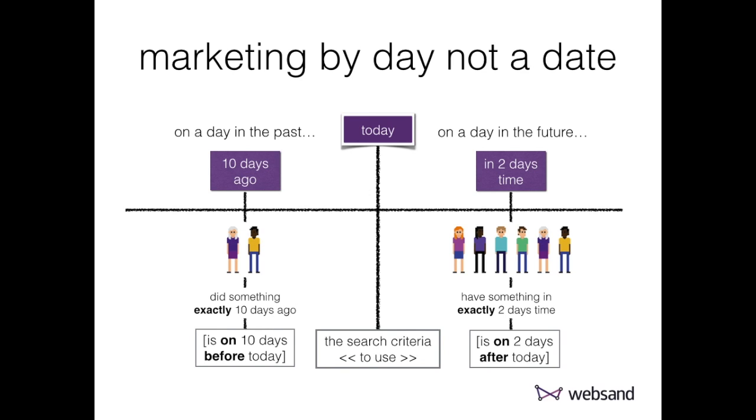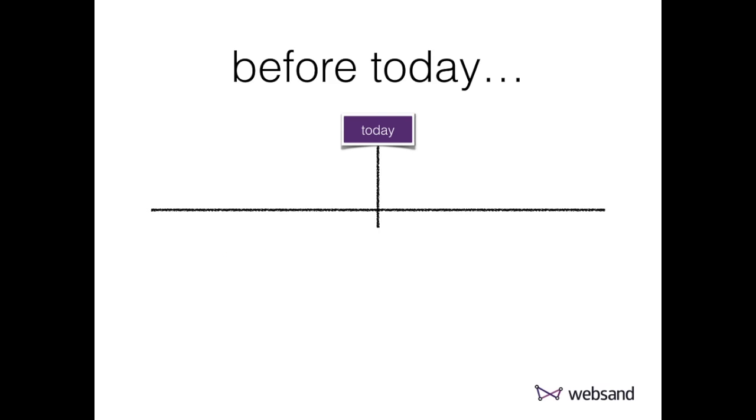Now that's on a specific date, but sometimes you want to do things slightly more complicated and pick up a certain group of people that meet a slightly different criteria. So here's an example. Let's look at the past again. Let's look at before today. So let's say 7 days ago. The point of difference here is we're not drawing a line on today.